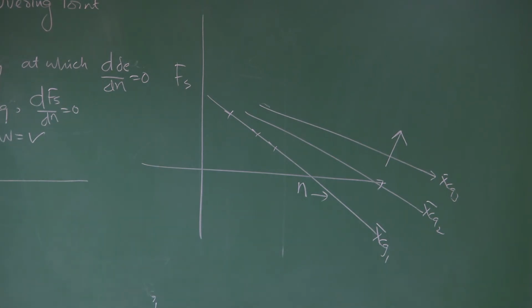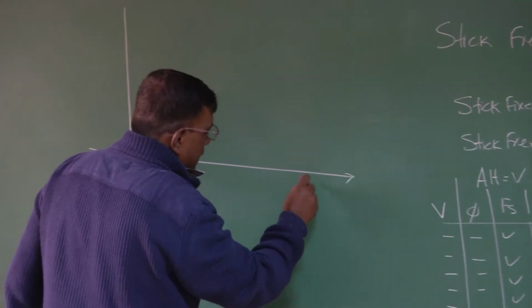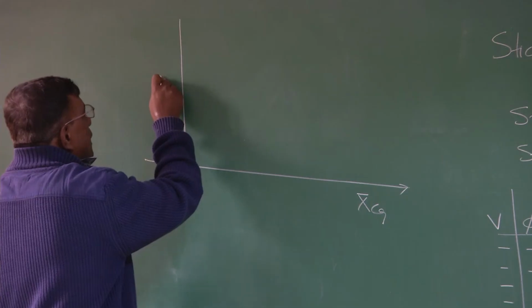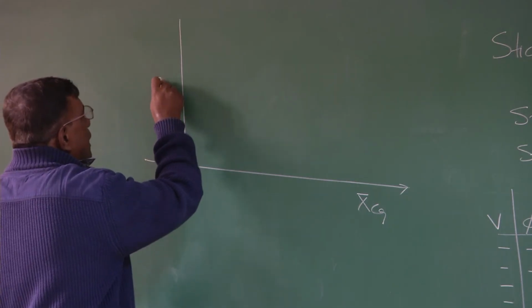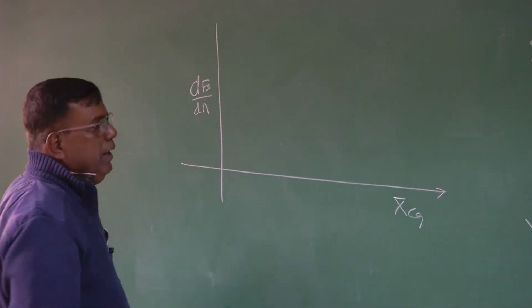Once I do this, then what is the next step? You should be smart enough to now tell me, how do I get the stick-free maneuvering point? I will do a cross plot between XCG and dFs by dn. What is dFs by dn?